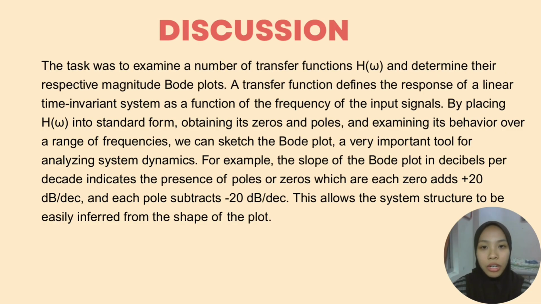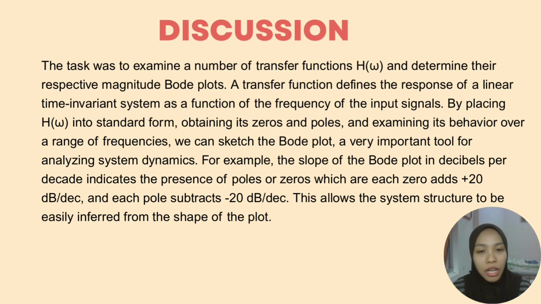So for discussion, the task was to examine a number of transfer functions and determine their respective magnitude Bode plots. A transfer function defines the response of a linear time invariant system as a function of the frequency of the input signal. By placing it into standard form, obtaining its zeros and poles, and examining its behavior over a range of frequencies, we can sketch the Bode plot, a very important tool for analyzing system dynamics.